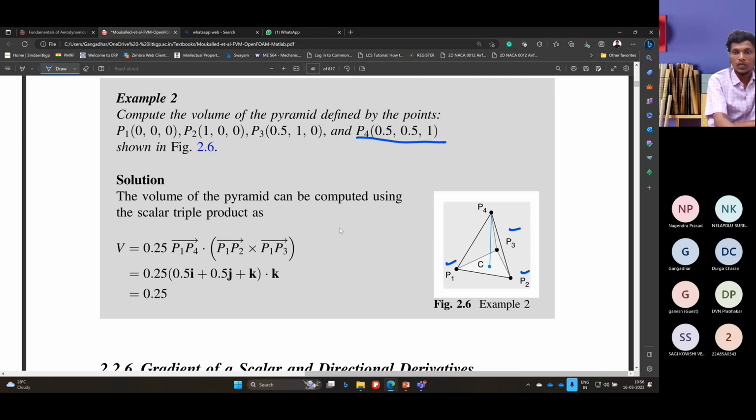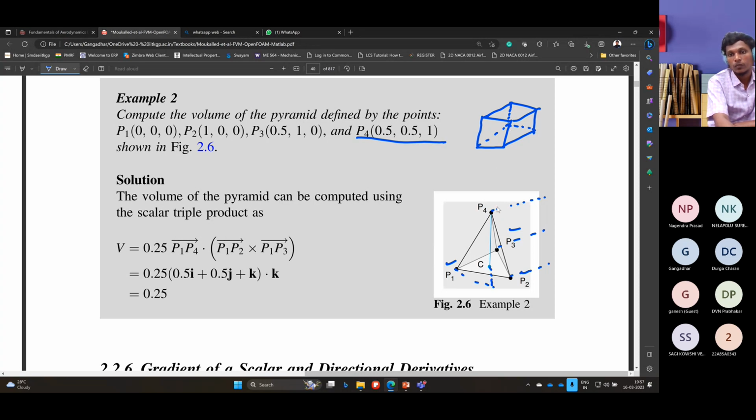So now you cannot directly get the pyramid volume by using the cross product or dot product. You just need to construct a parallelepiped, you just need to construct this kind of shape.